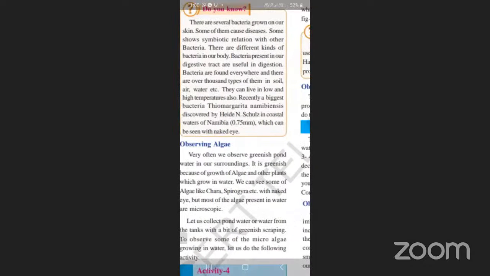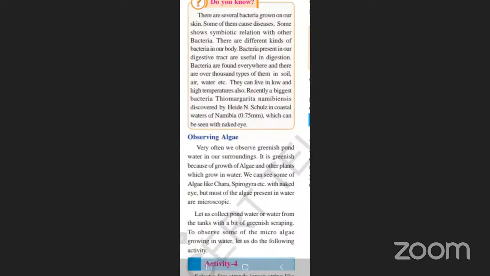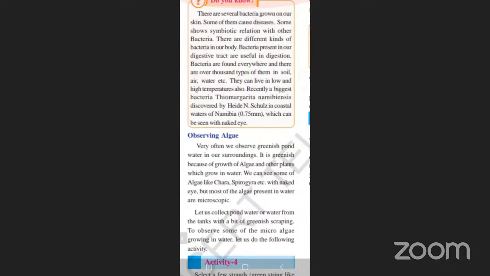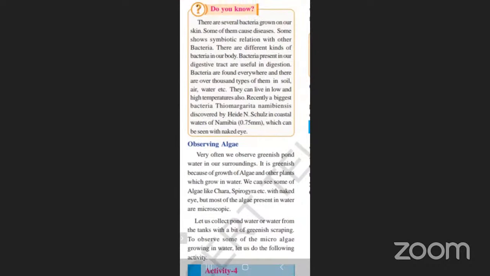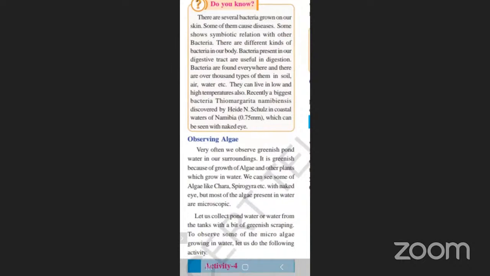So here, bacteria are found everywhere, and there are over thousands of types of them in soil, air, water, etc. Scientists have found many bacteria, and some unknown bacteria may also be there in soil, air, water.